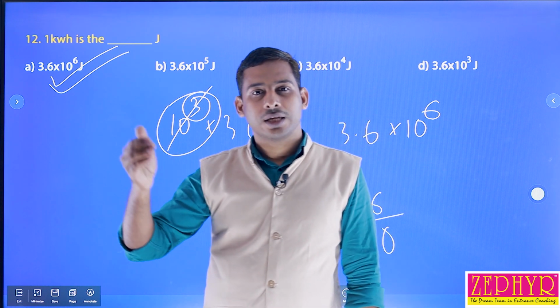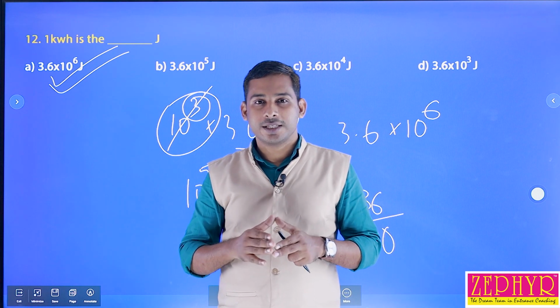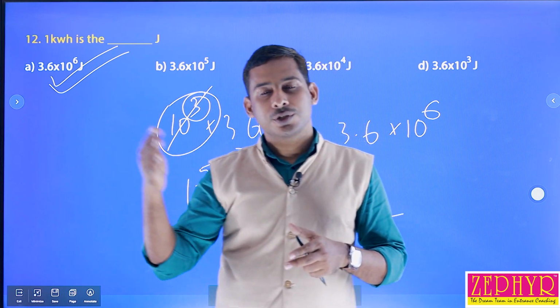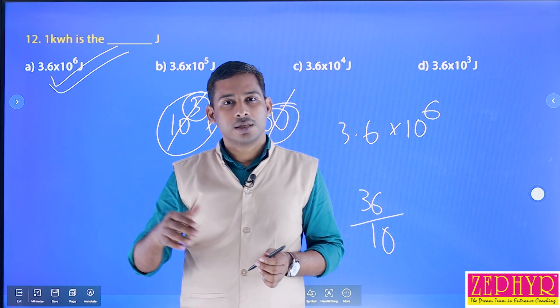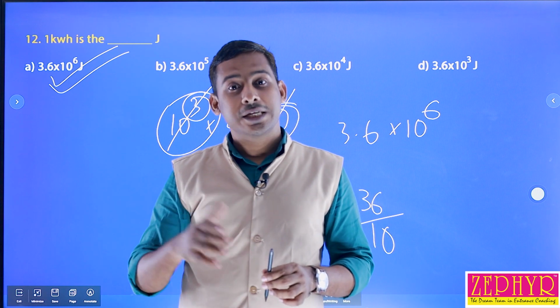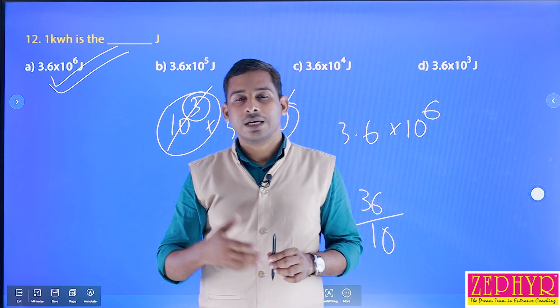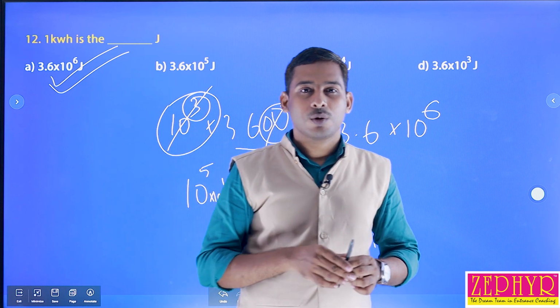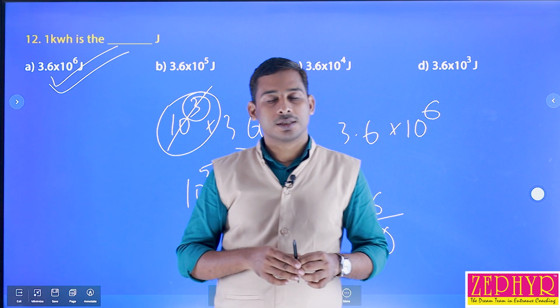After that, energy, mechanical energy, its classification, kinetic and potential, its equations half mv square and mgh. Then finally power, the equation is work by time, then force into velocity, then its unit. Some simple conceptual level questions also you have to practice.